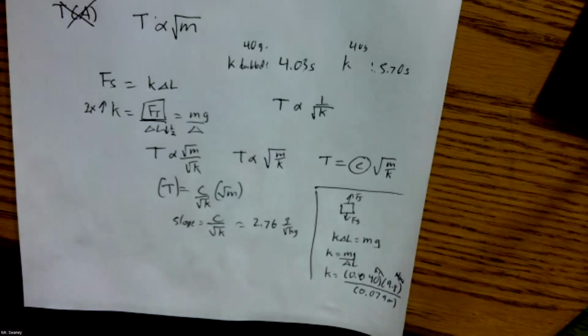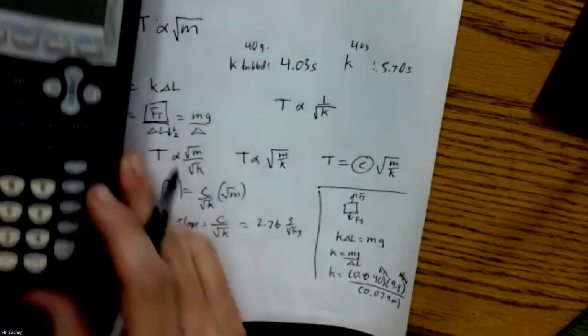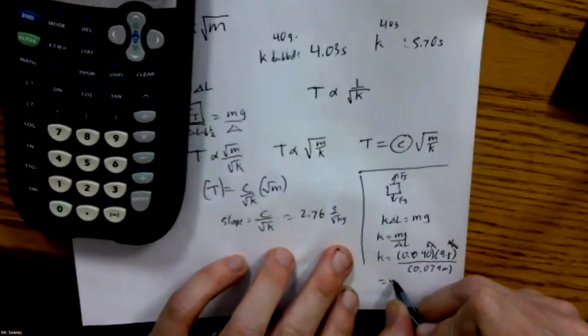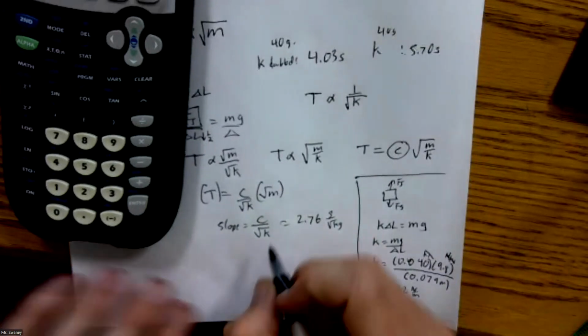So 0.04 times 9.8 divided by 0.079 gives me a K value of about 4.962 newtons per meter. And I'm going to plug this in here.